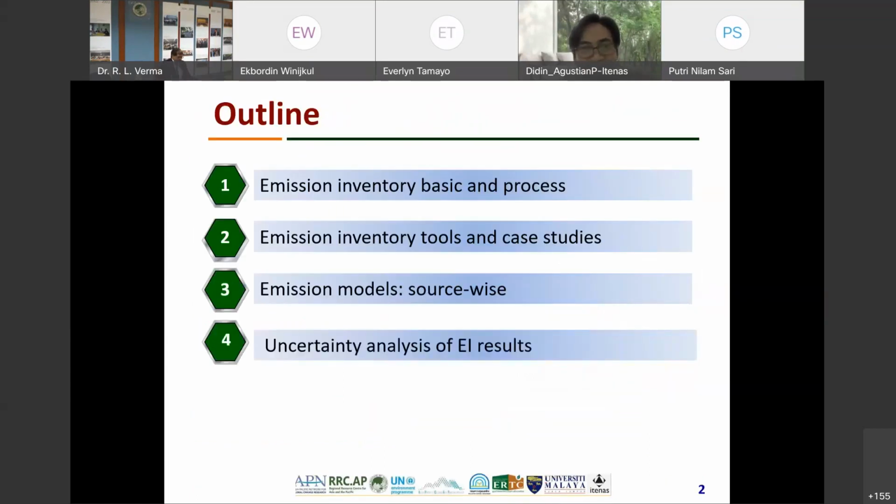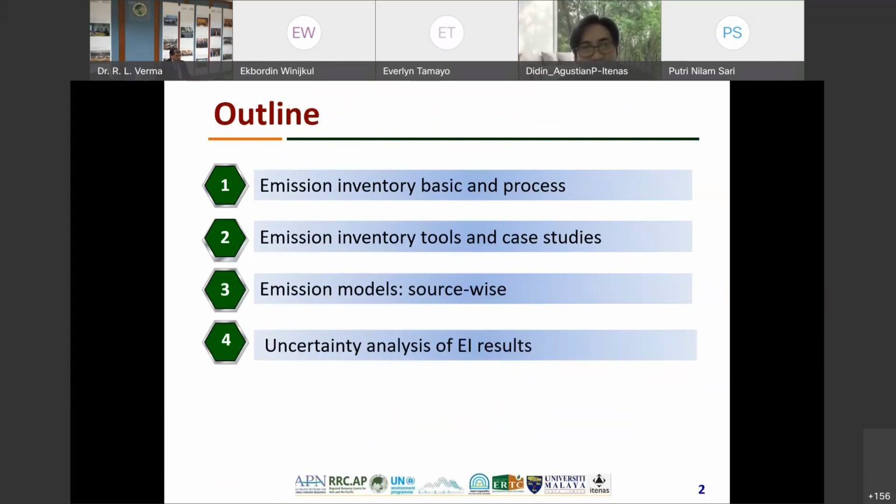So in this session, I would like to have 4 main parts. The first one has been well covered by Dr. Ekbordin. Thank you so much. It's about the emission inventory basics and process. Then we will come to the second part, emission inventory tools and some case studies using those tools.